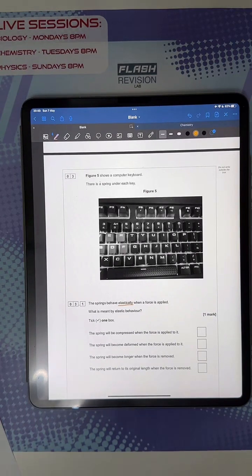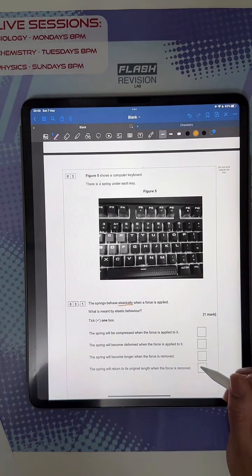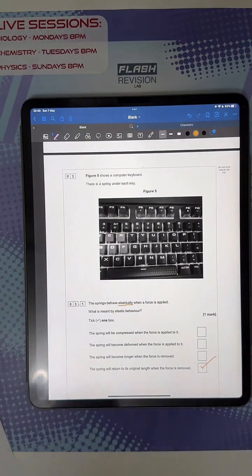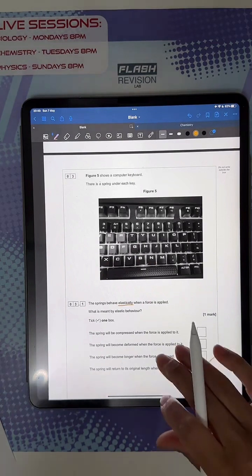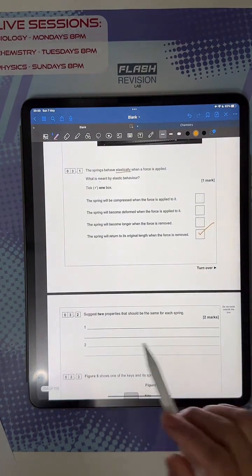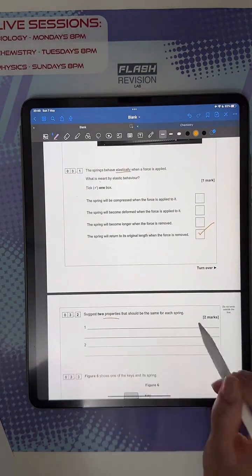Last one, yeah, it means the spring will return to its original length when the force is removed. So you stretch it or compress it, and then if you remove the force, it'll come back to its original shape. That's elastic. If it's inelastic, or we also call it plastic, it means when you stretch it, it stays stretched and permanently deforms. So just two properties that should be the same for each spring.